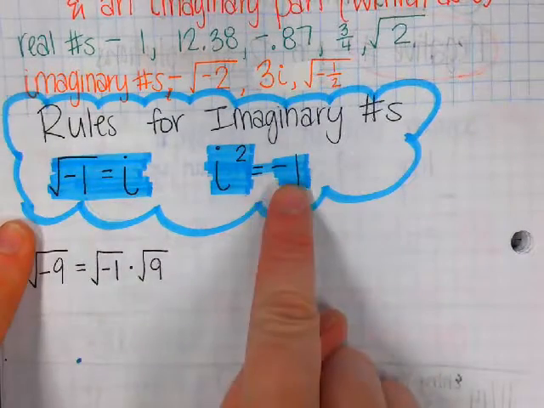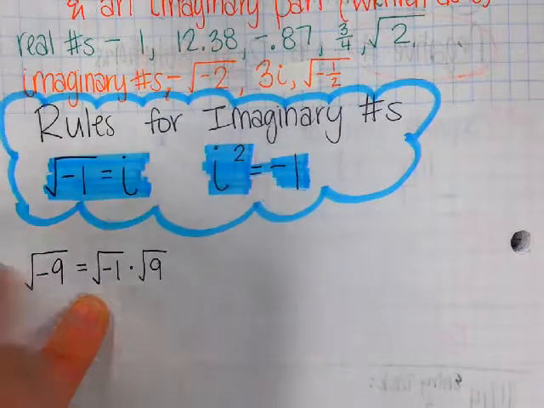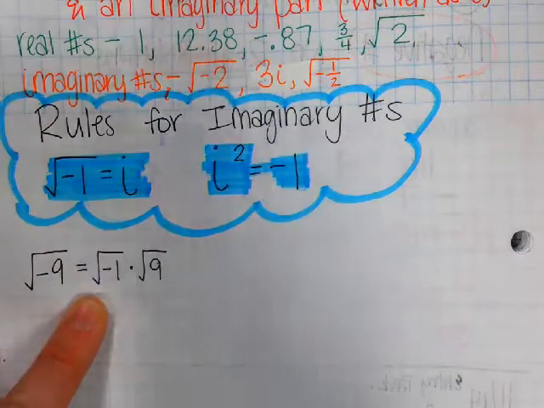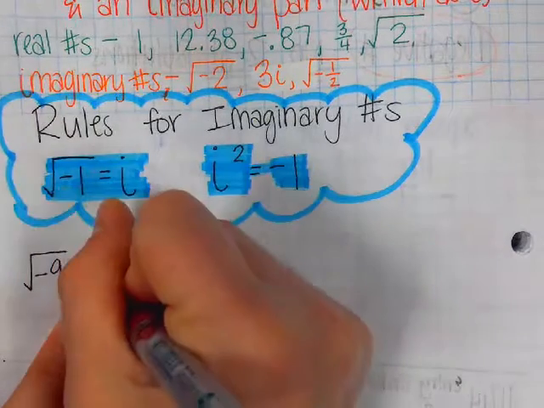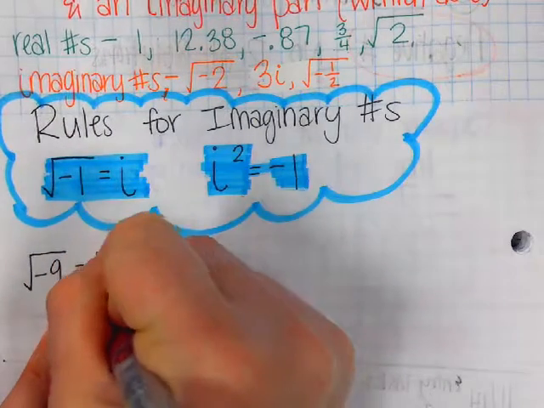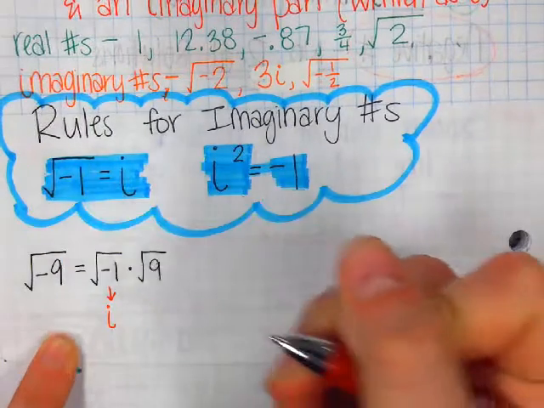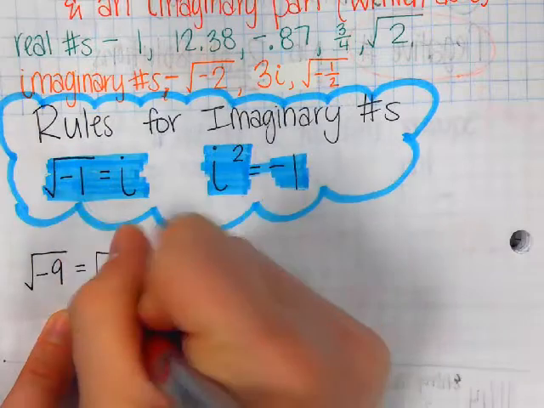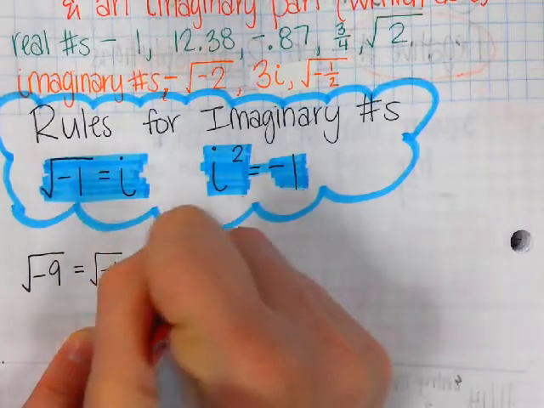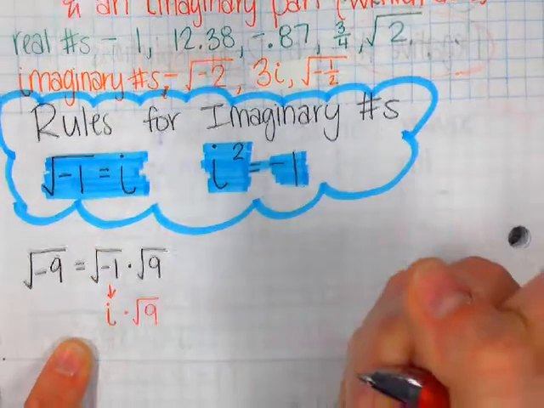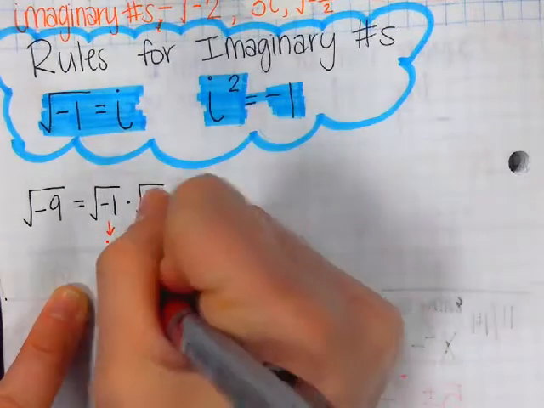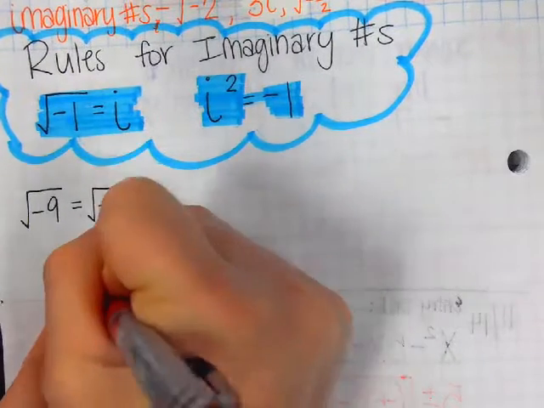Now, based on these rules we just wrote down, the square root of -1 is just an imaginary number. So you rewrite this as i times the square root of 9. What is the square root of 9? It's 3.